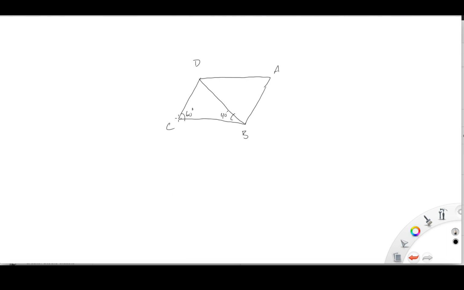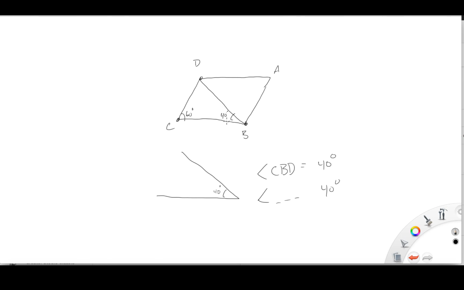Well, C starts here, it goes to B, and then goes to D. So if you made that angle, it would be this, and that is our 40-degree angle. So it says, what other angle here equals 40 degrees? So if angle CBD equals 40 degrees, we need another angle with 3 letters that also equals 40 degrees.